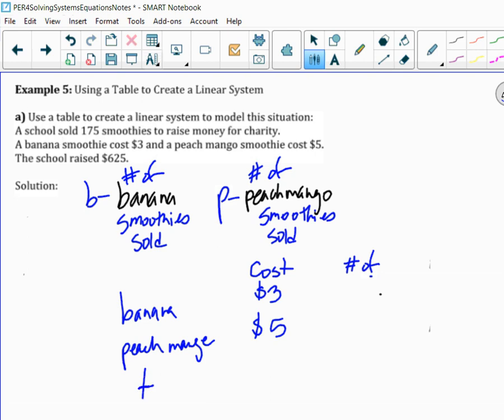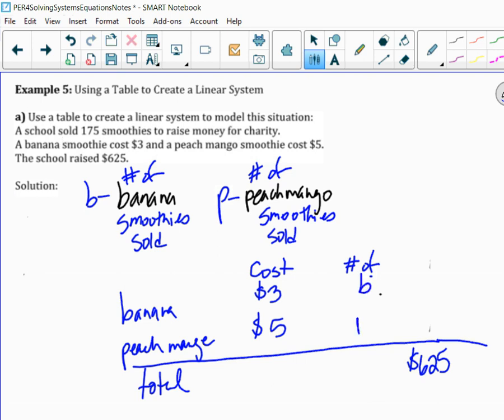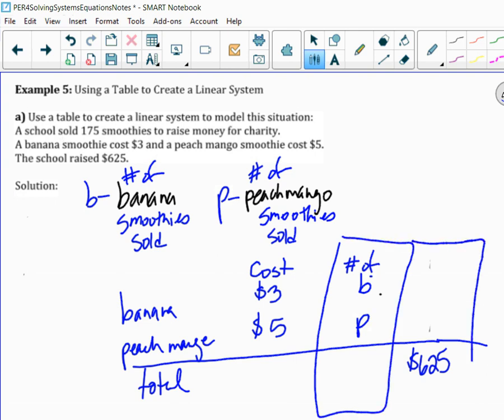Maybe this is the total, and we know that that adds up to $625. And this is B, this is P. Do you see we're getting a total here and we're getting a total here, but we don't have some things here. They do give you some information in here that the number of banana and the number of peach should add up to 175 here. Do you see that?